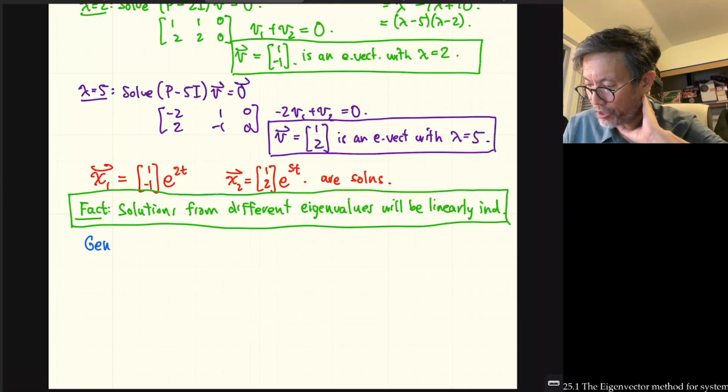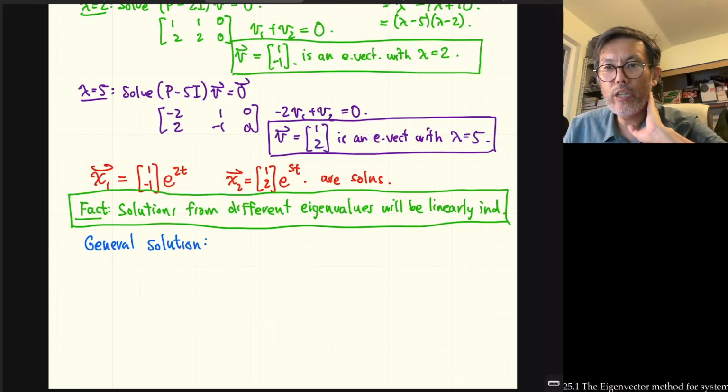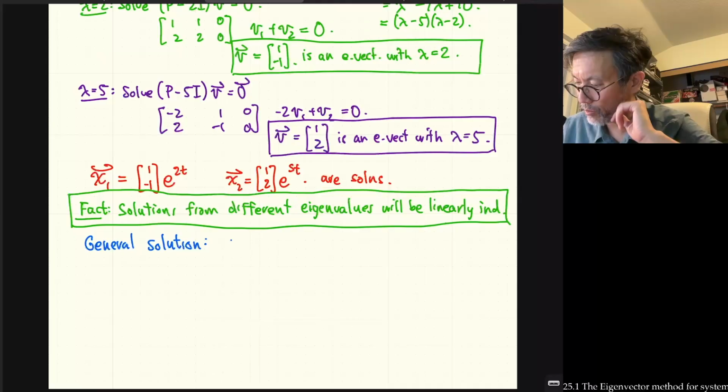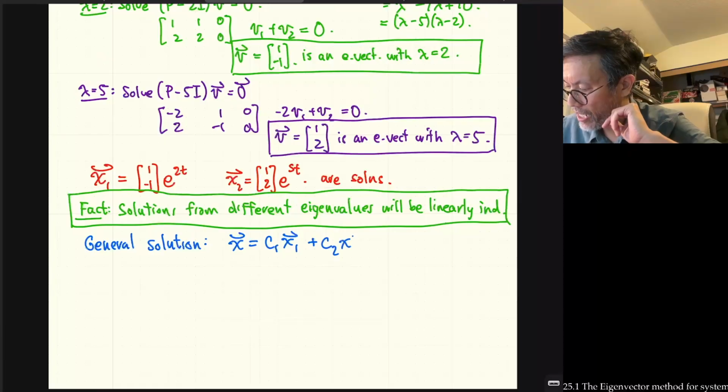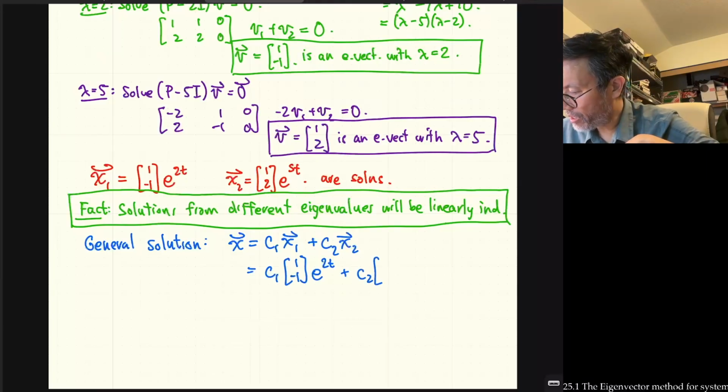The general solution is going to be a superposition of x1 and x2. So that's c1 x1 plus c2 x2. And we can write this out, if we want to, as c1 times (1, -1) times e to the 2t plus c2 times (1, 2) e to the 5t.